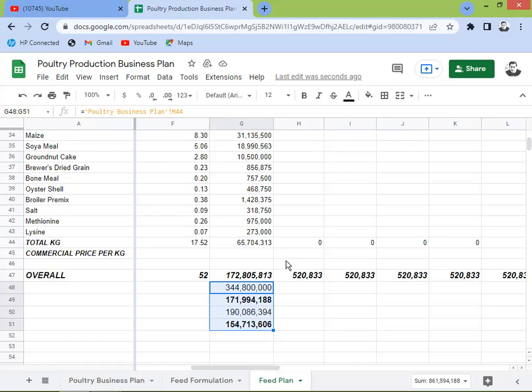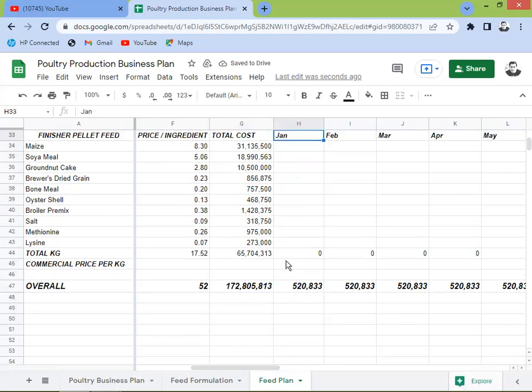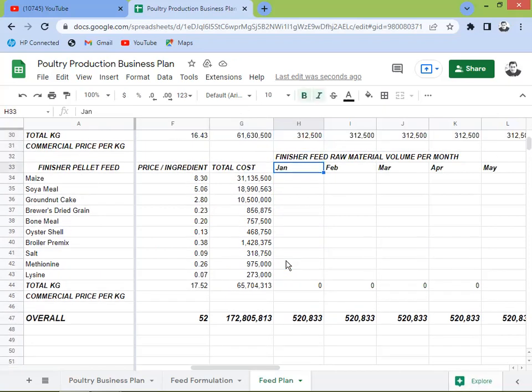That's why it's important that we try to produce our own feed requirements, whether through a business partnership, toll processing fee, or you build your own feed mill plant.